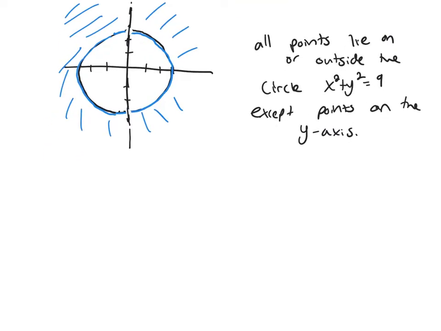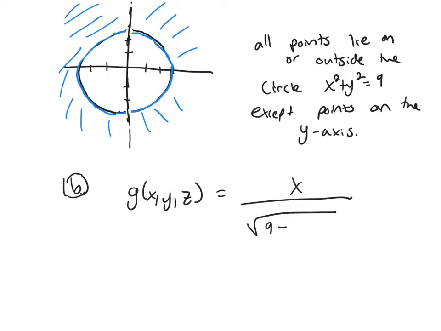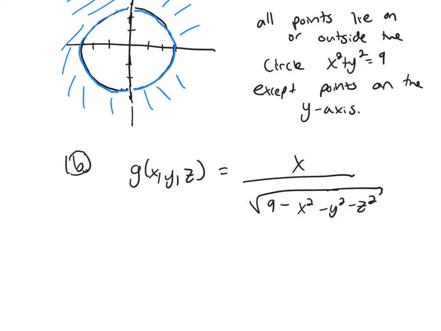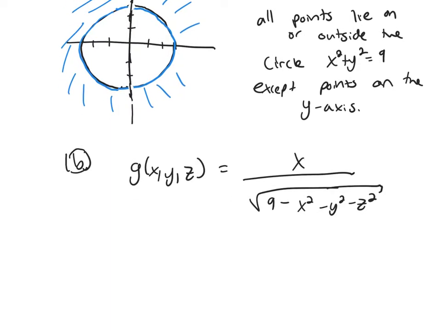Let's look at one more domain problem. Now we're going to switch to a function of 3 variables. So again, I have a division, so the denominator can't be 0, but in this case, the denominator is a square root.